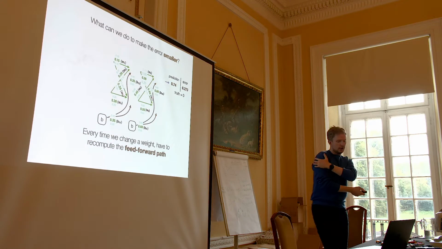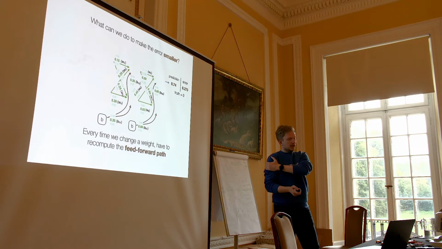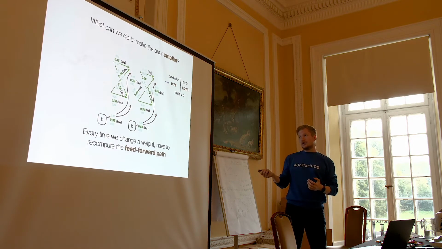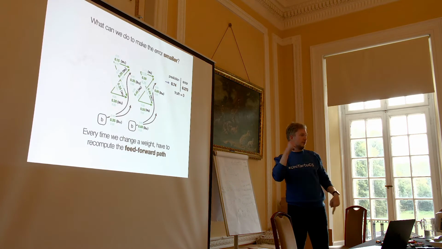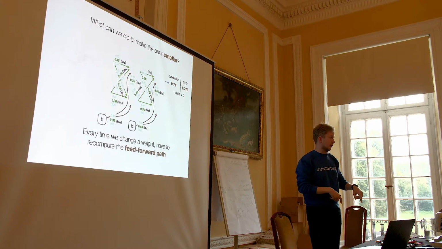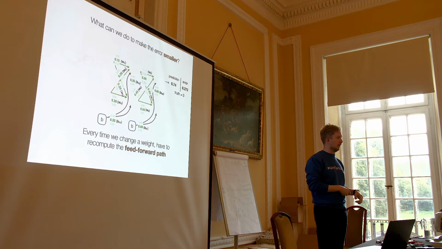Also, it may not be that linear: I change this one and the error drops, and then maybe this changes the dynamics of the relationship in the other place. It means that I have to redo all my work, which is a totally unreasonable thing to do.